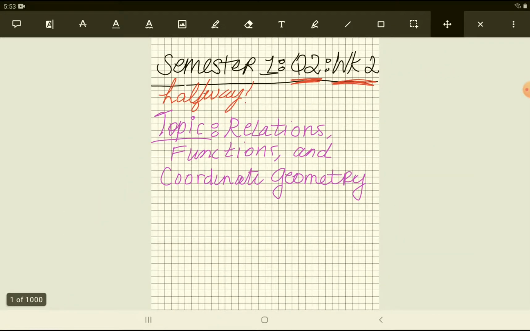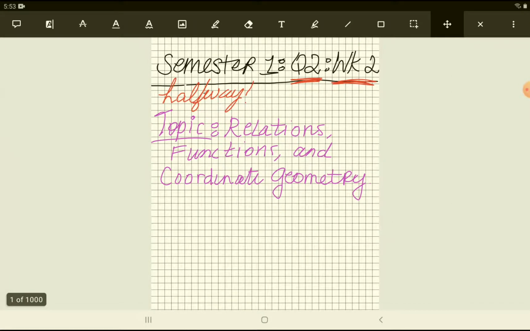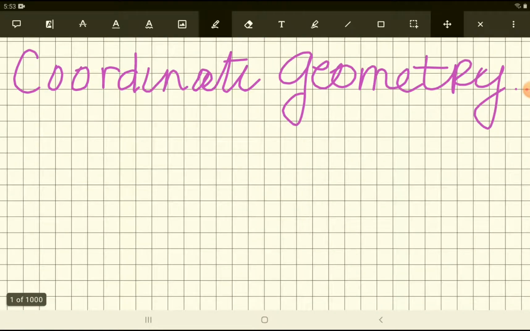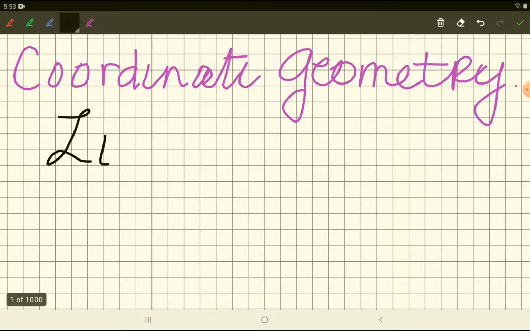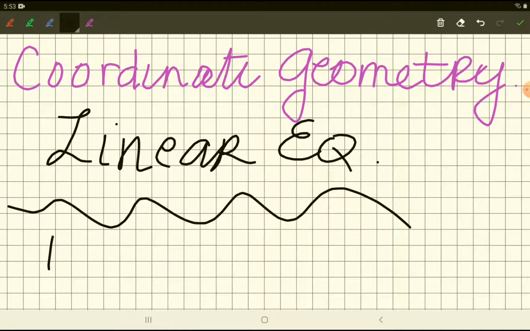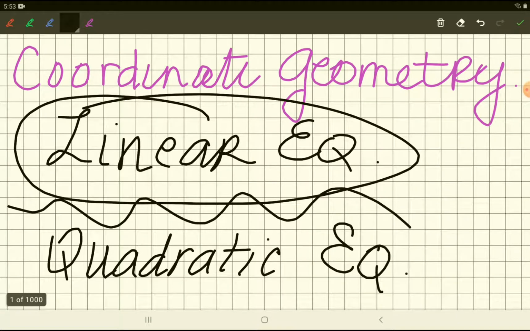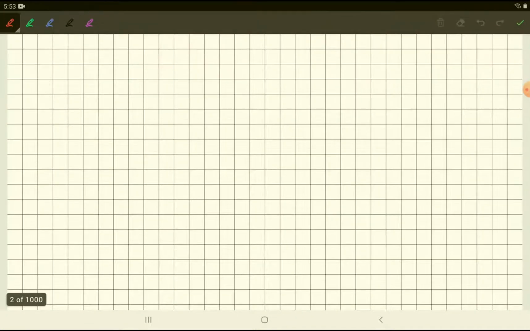Next week we'll do quadratic equations, but this week is mainly going to be linear equations, and then probably the week after, that's the goal, would be quadratic equations. So this week's topic is linear equations.